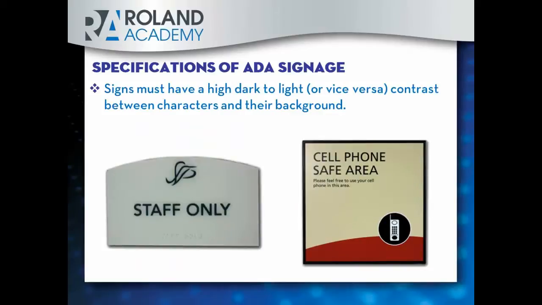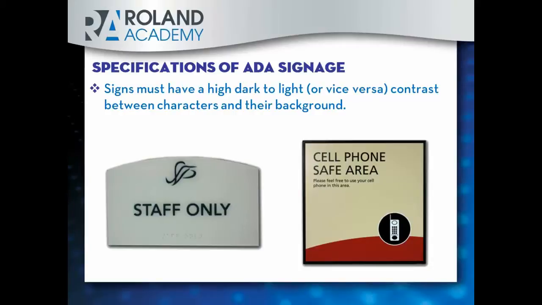Okay, another specification is that the sign must have a high dark to light contrast between the characters and the background. So the issue is not color, but lightness and darkness.